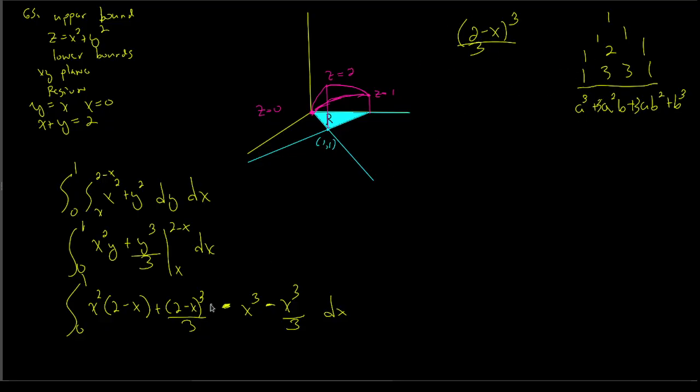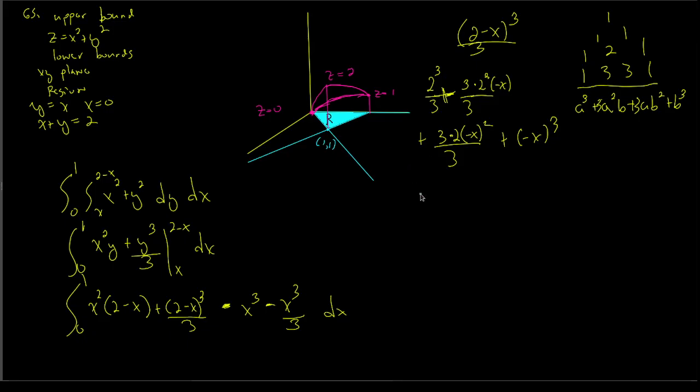So (2 minus x) cubed is going to expand to 2 cubed over 3, minus 3 over 3 times 2 squared times negative x, sorry, plus. And then it's going to be plus 3 over 3 times 2 times negative x squared plus negative x cubed.